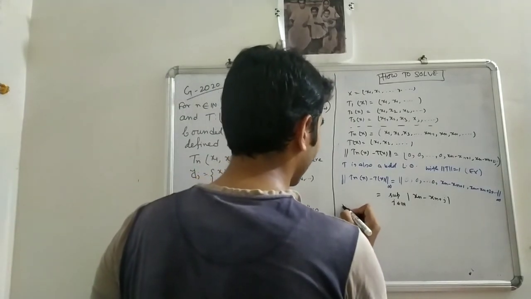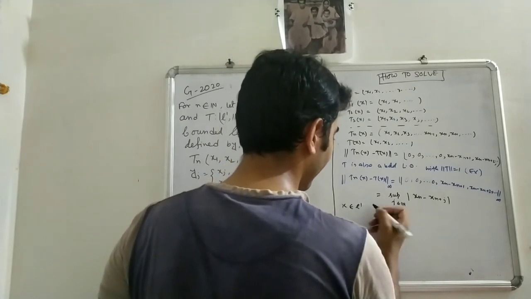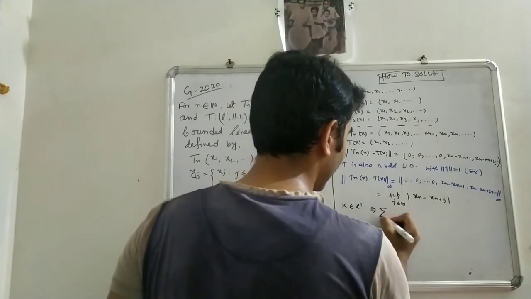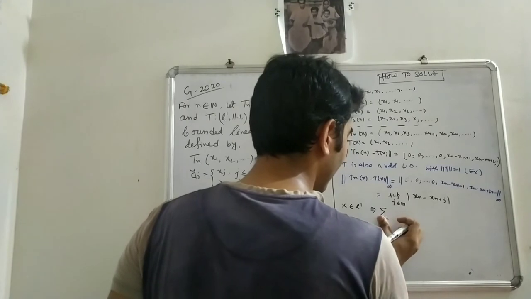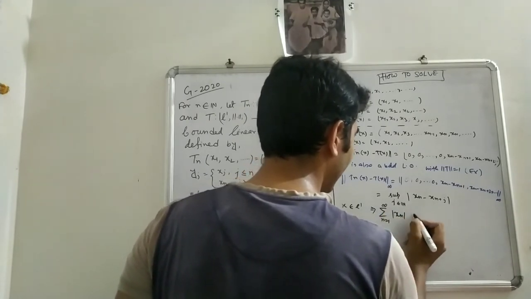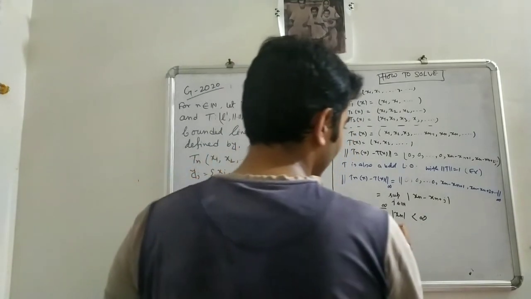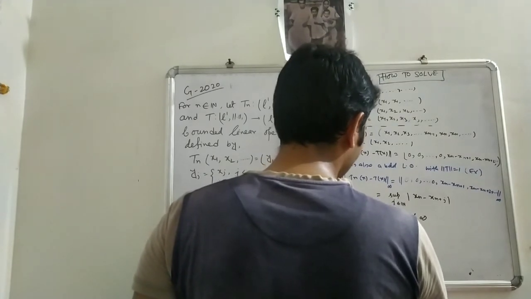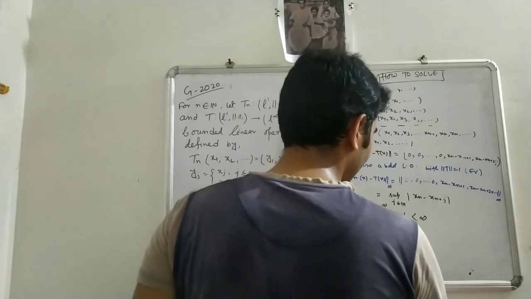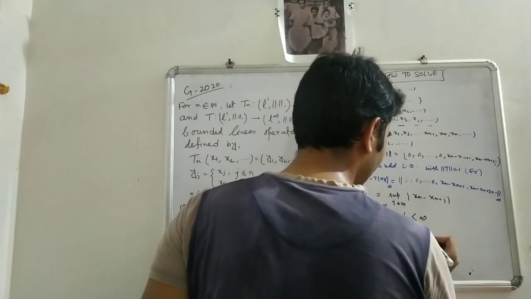Now you also know that x belongs to L1, so that means summation n equal to 1 to infinity modulus of xn is less than infinity. So this implies limit n tends to infinity xn is equal to 0.